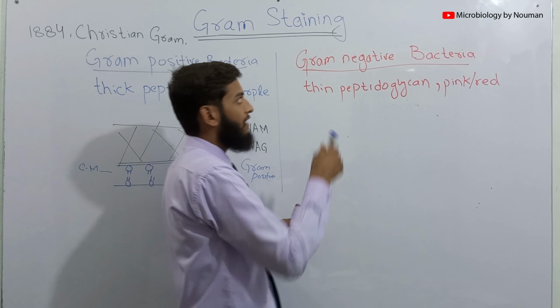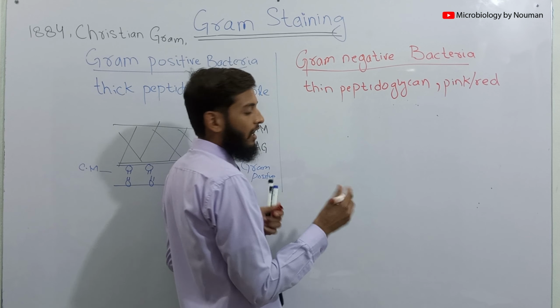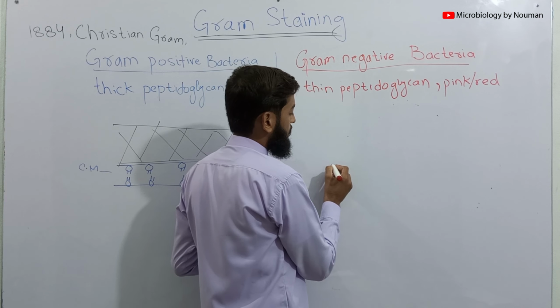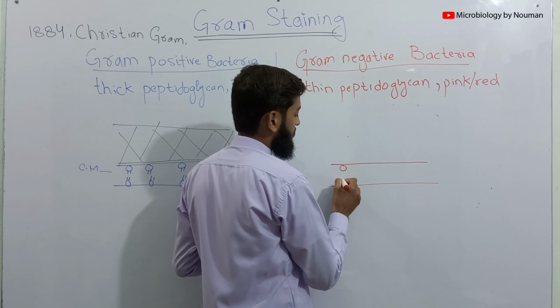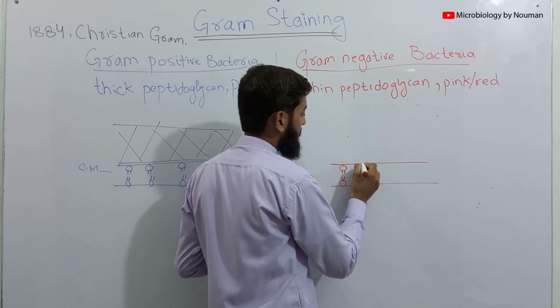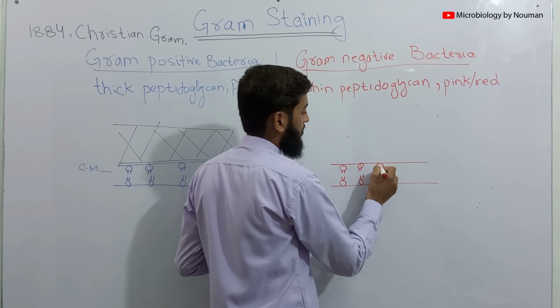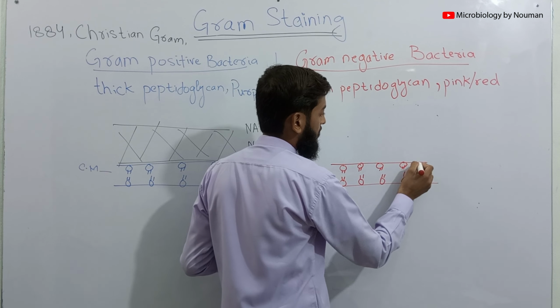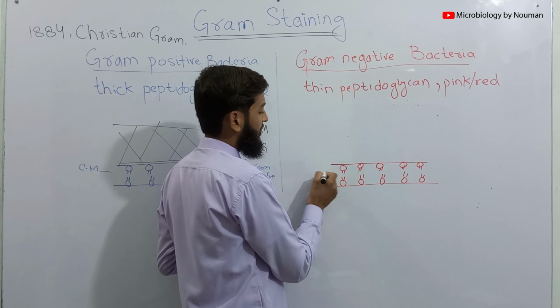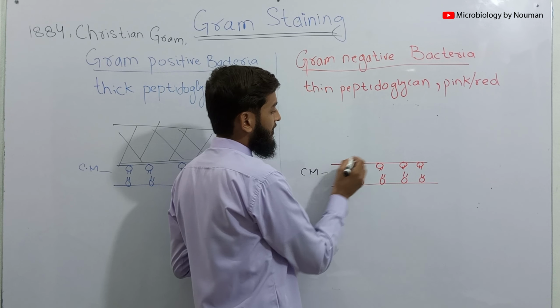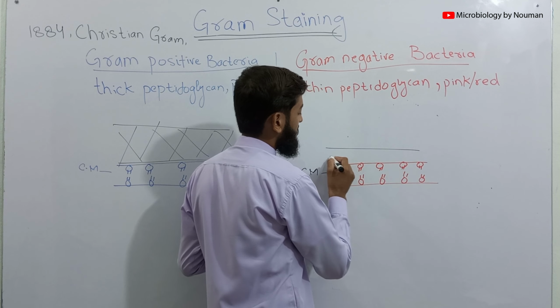If we look at the cell wall of gram negative bacteria, outside the cytoplasm, we see a cell membrane is present, which is again made up of lipids and protein. Outside this cell membrane, a very thin peptidoglycan layer is present.